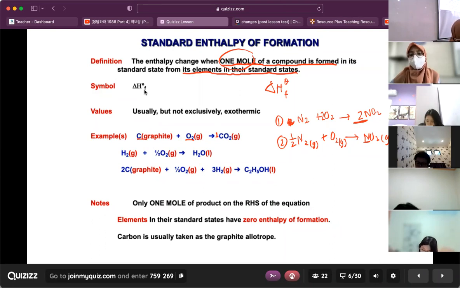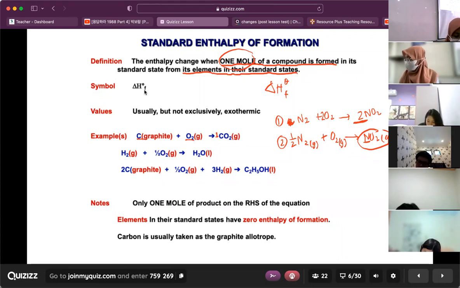So if we cannot classify the enthalpy change of a reaction, we just write down enthalpy change of reaction. But if it is, for example, formation of nitrogen dioxide, we have to write down standard enthalpy change of formation of nitrogen dioxide, delta H F standard and then NO2.